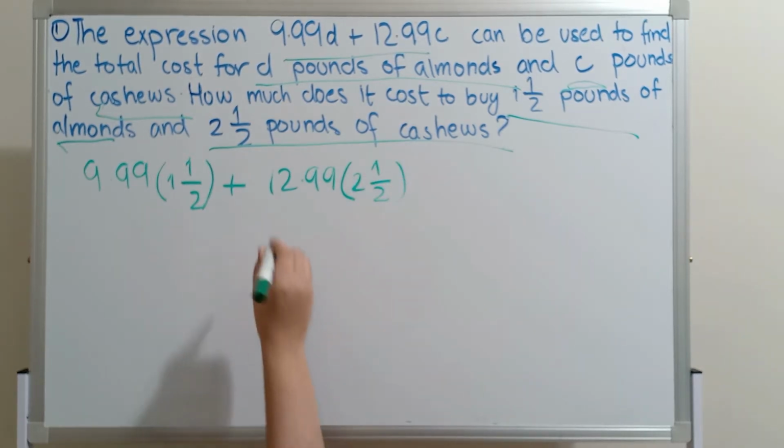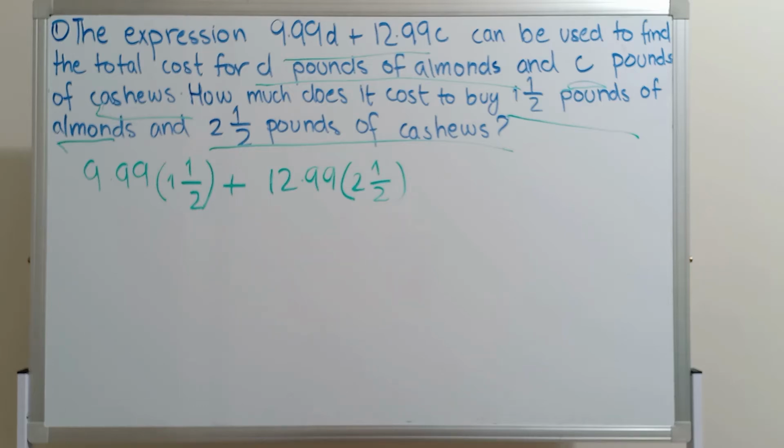Now let's multiply first, because we're going to use the PEMDAS rules to answer this question. We first multiply, and then at the end we add to find the total cost for all of the almonds and the cashews.